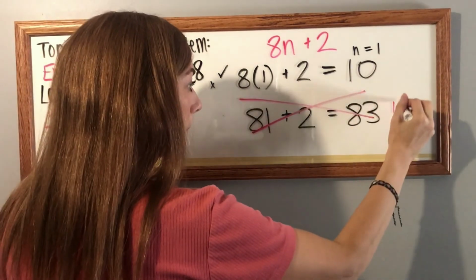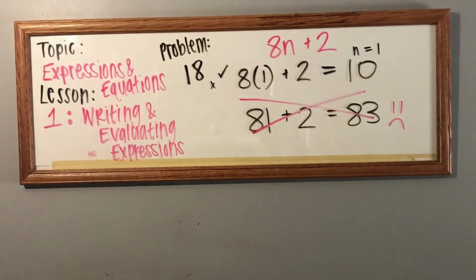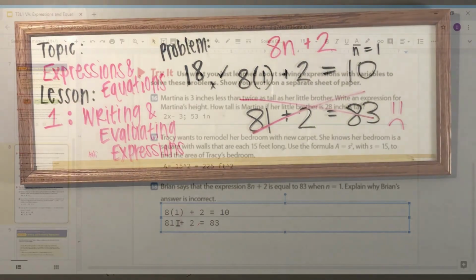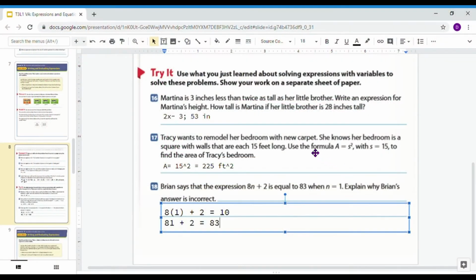So it's super, super important that when we plug in a number for a variable, it is multiplying. We're not just throwing it in there, because even if you wrote it like this and came back to it and said, oh, it's 81, even though deep down you know you need to multiply, if you wrote it down wrong, it's not going to be helpful. So just make sure you remember that this is the good way.